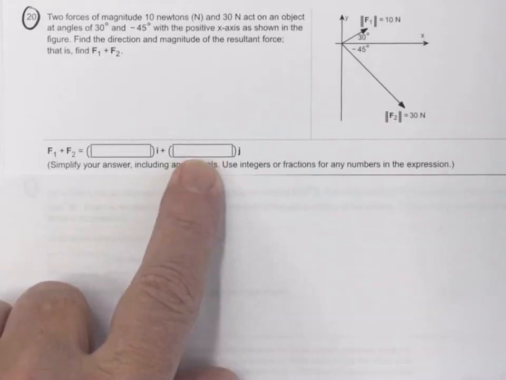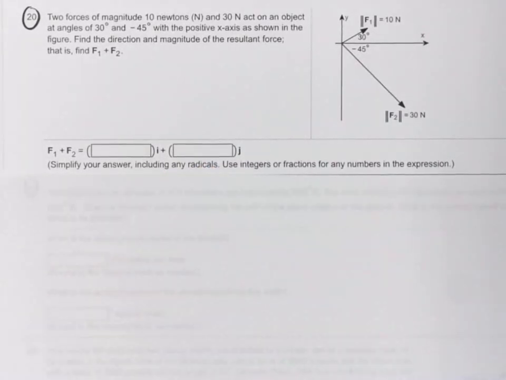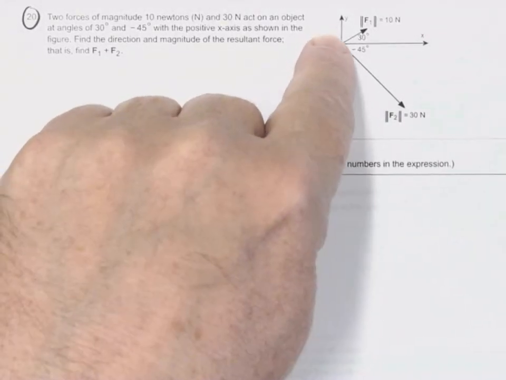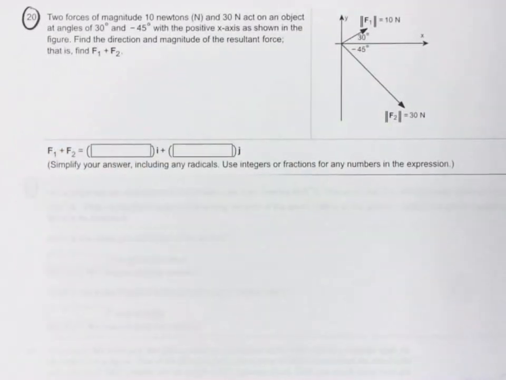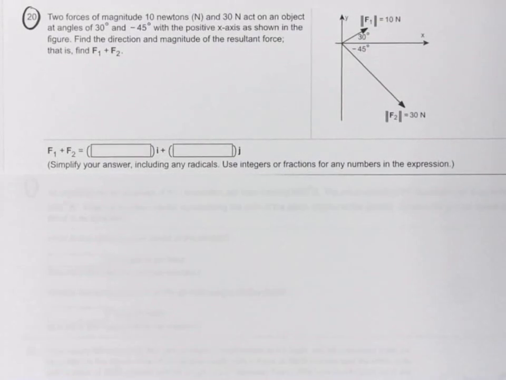So they want the answer in the form of IJ. Basically what's happening is we're going to add these two vectors. That's it. That's just adding two vectors. Now the tricky thing is both vectors are given to you in magnitude and direction.